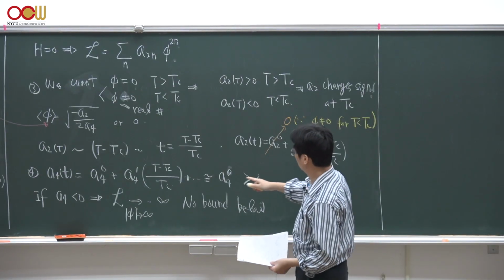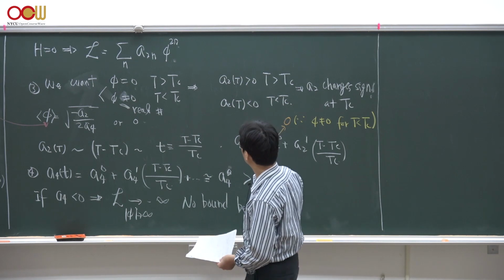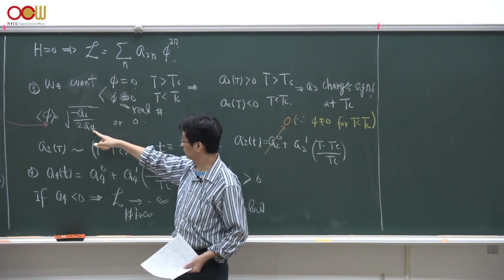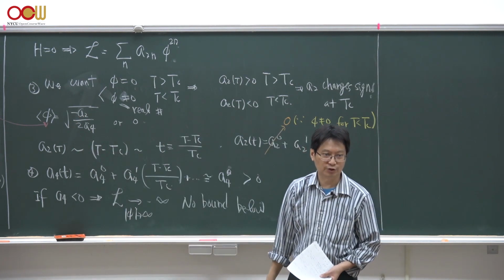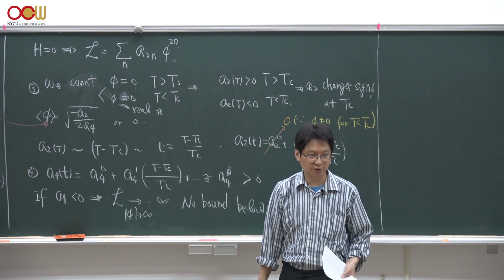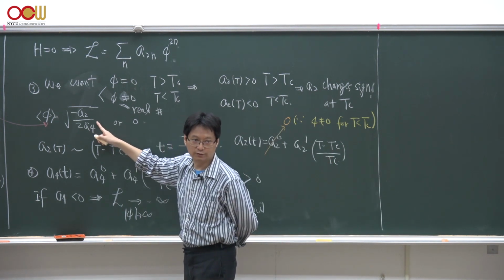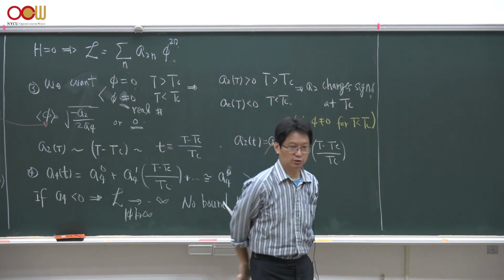And also, we assume that A4 is a positive number. So when A2 is positive and A4 is positive, we get the square root of a negative number, which is purely imaginary, unphysical, and therefore this cannot be the solution. And therefore, for T above Tc, only 0 is the solution for phi.